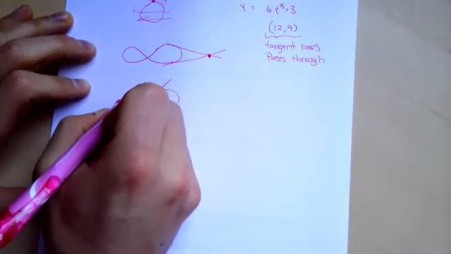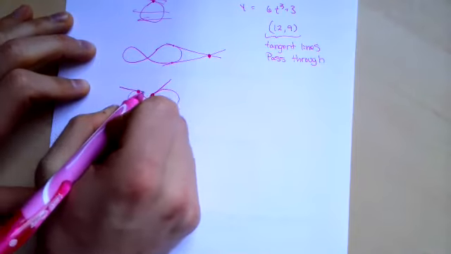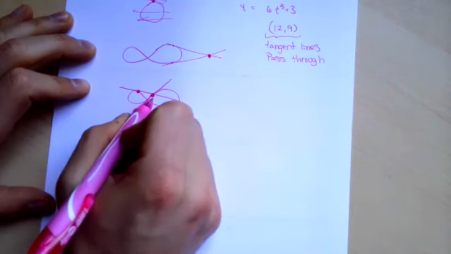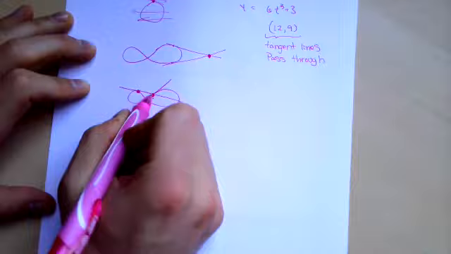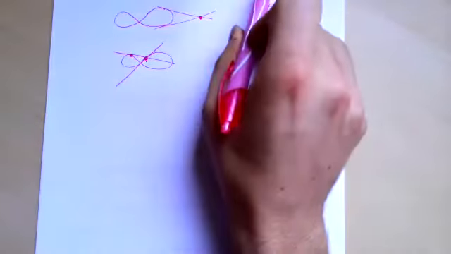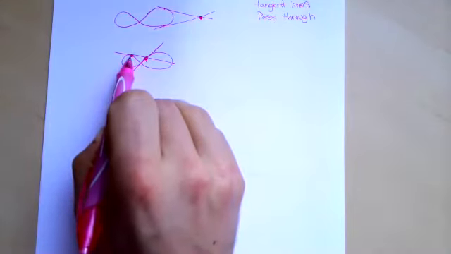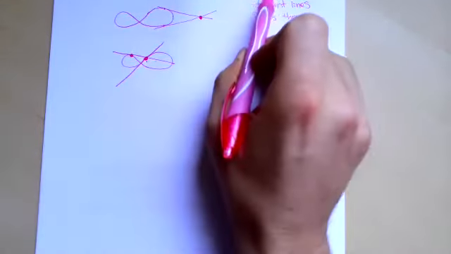But then I could find a point over here, which is what they're looking for, whose tangent line will then pass through that point. So it's a little confusing because what we're looking for is a different point on the curve whose tangent line will pass through this point 12, 9.